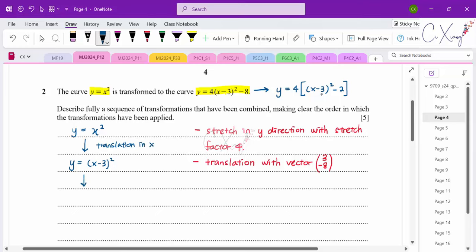And after that you minus the 2, which is the translation in y. Then the last step is you multiply the 4 to the whole function.